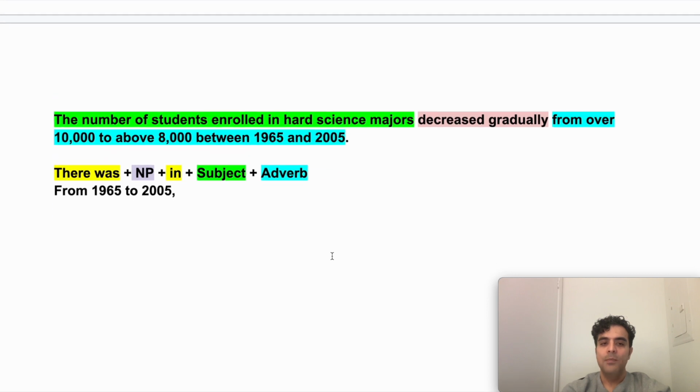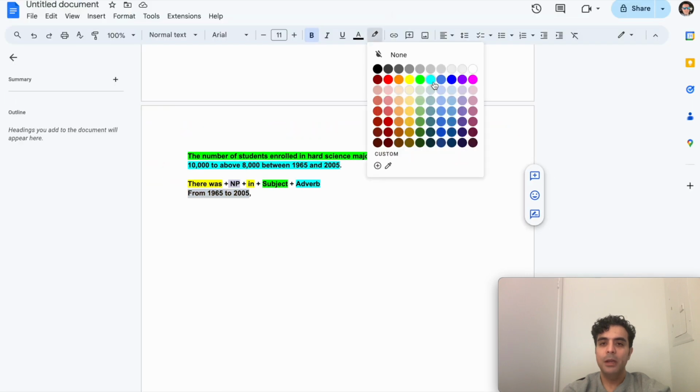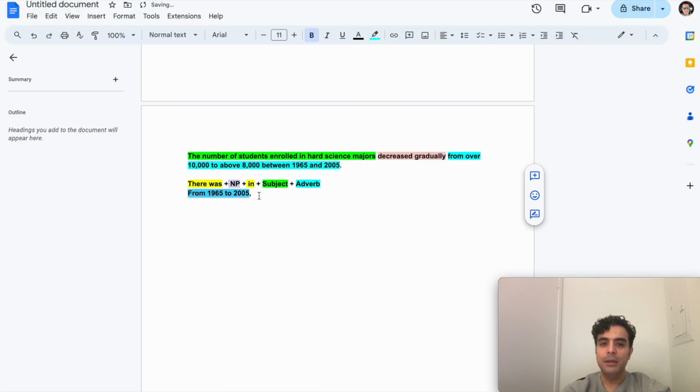Okay, so from 1965 to 2005, this is my adverb. Okay, so this is the color I'm using. Then I'm going to say there was, right? This is the fixed expression. This is yellow. It's just something that we need to repeat in this structure.